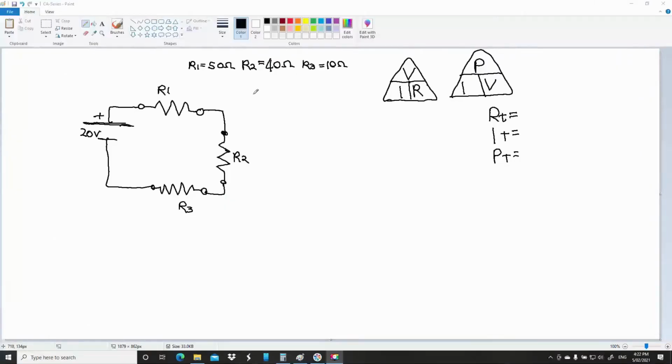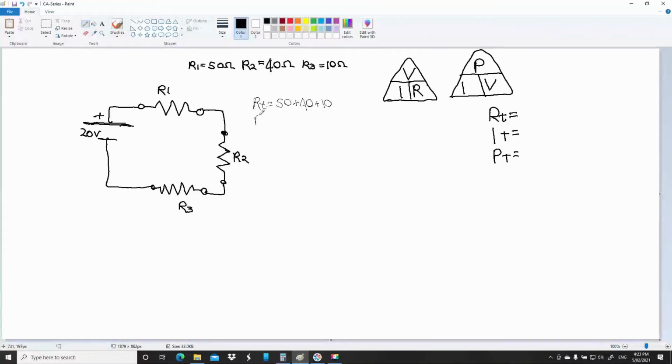Alright, so this is a simple circuit, and we should start off by looking for the sum of all the resistors. So in a series circuit, the total resistance is the sum of all the resistors. So RT equals 50 plus the 40 plus the 10.